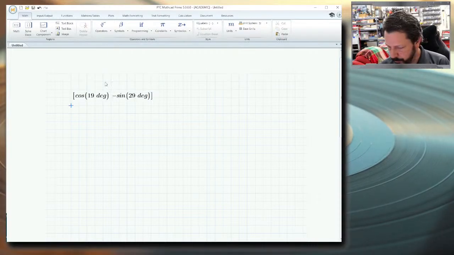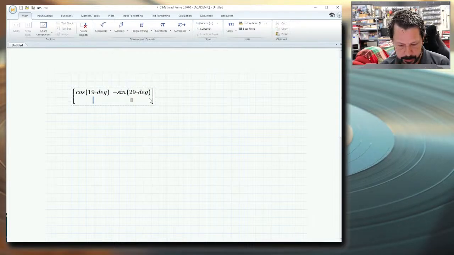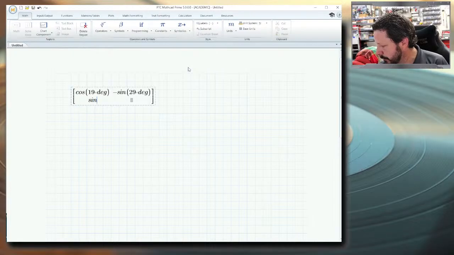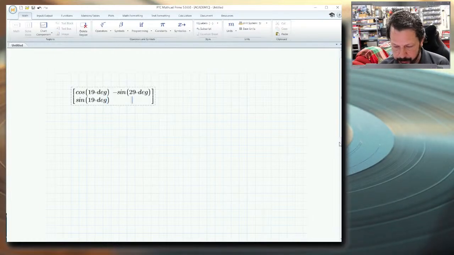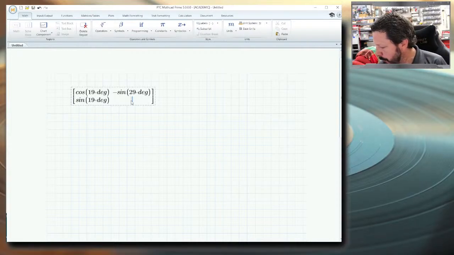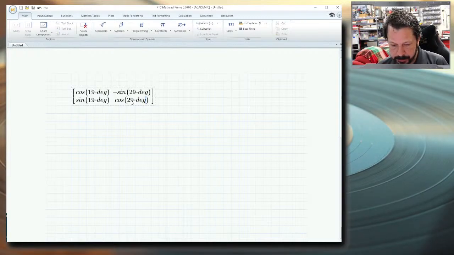We need another row, which we could tab, I think. Yeah. And this one should be sine of 19 degrees. And this one should be positive cosine of 29 degrees. Okay.